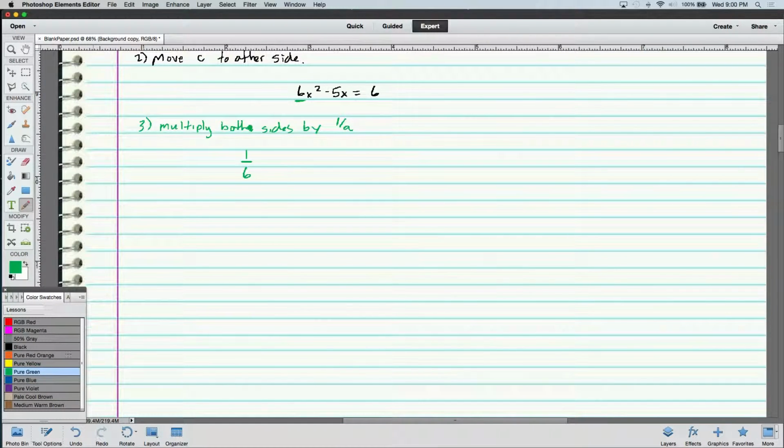So we have our 1 over 6, and we're going to multiply our entire equation by that 1 over 6. Remember, you've got to distribute that 1/6 to every term. And so what we're left with is x squared minus 5 over 6x equals 1.